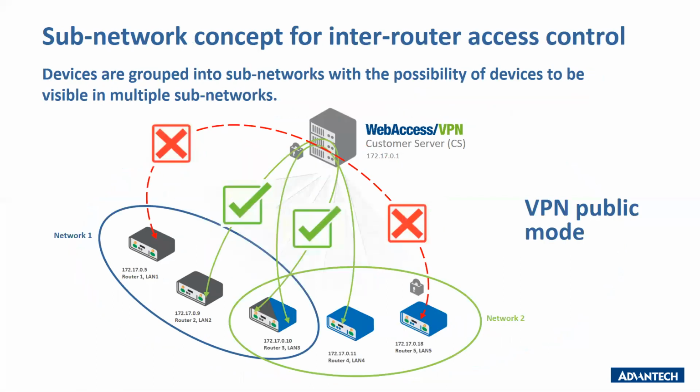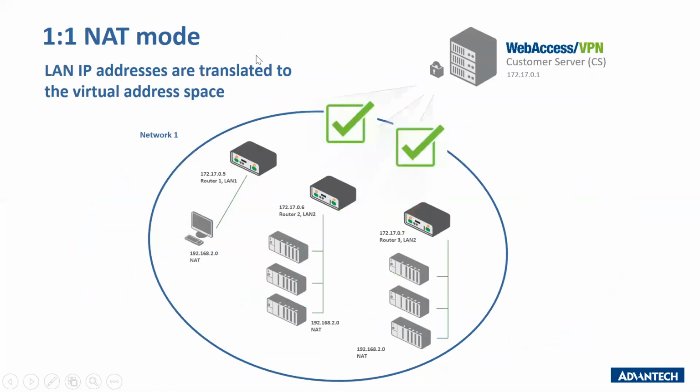But not only that remote device, all the devices behind that device, right? So these LAN IP addresses are translated virtually, so you're NATing directly from the VPN server to the remote PLCs, remote desktops, whatever it might be, cameras, doesn't matter.